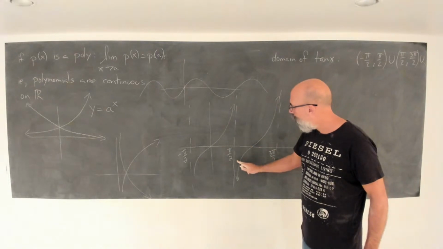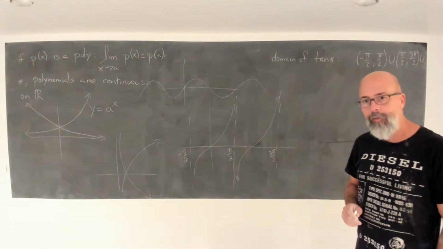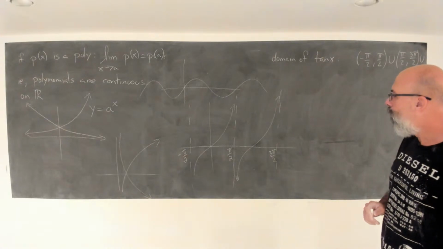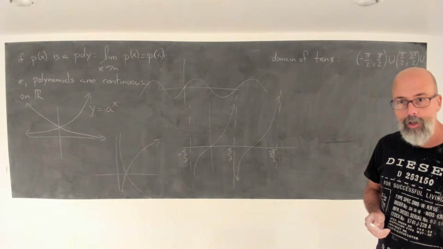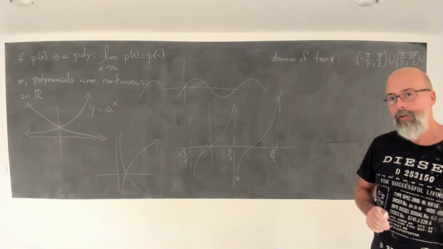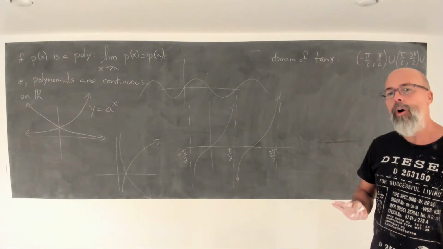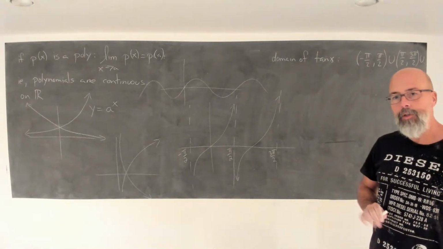Because your function is going to infinity at one of the two sides, we're going to say that we have an infinite discontinuity occurring at pi over 2. This is slightly wrong, but that's the approach the book uses.